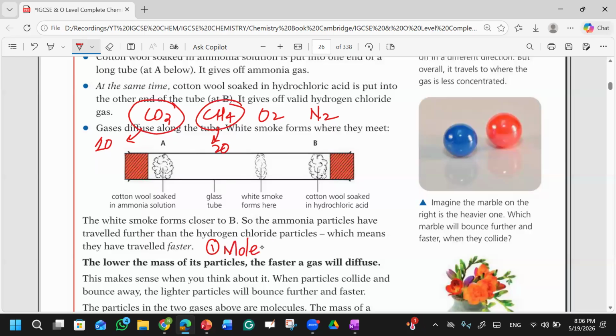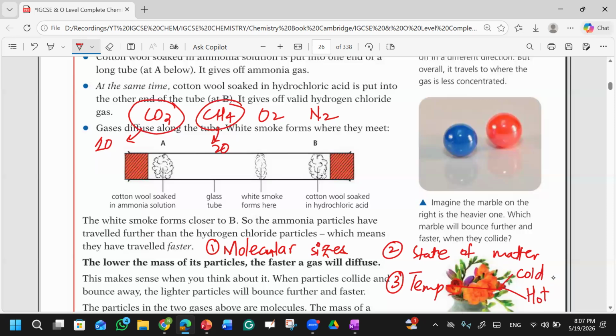Second, I told you the state of matter: whether that molecule is liquid or gas. Also, it depends on the temperature, like what will happen on a cold day and what will happen on a hot day. What will be the diffusion rate on the hot day and what will be the diffusion rate on the cold day?